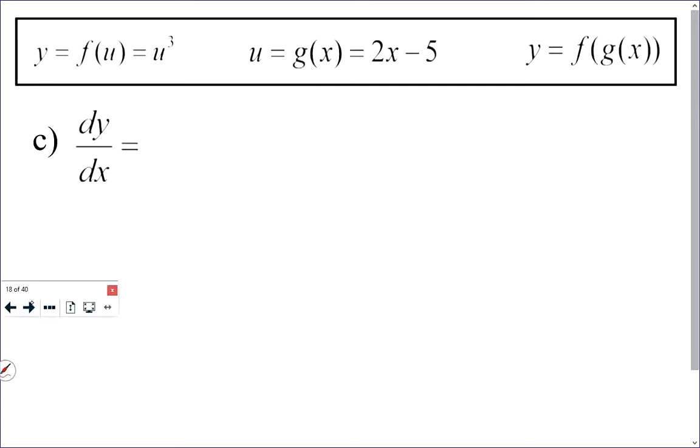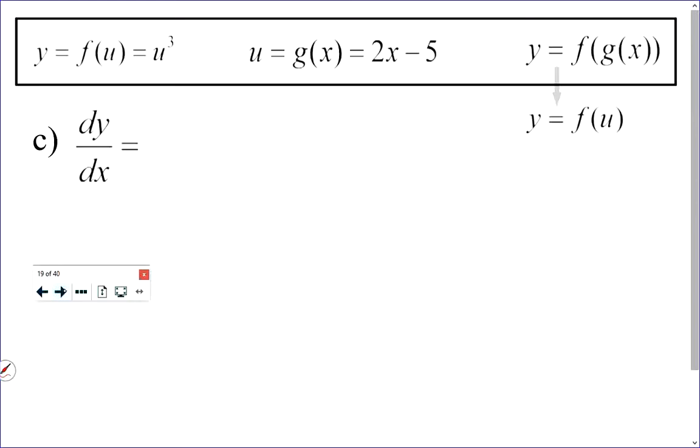Now the question becomes, what is dy dx? Well, just a second here. Dy dx is going to be the derivative of this, but g of x, this goes around in circles a lot, but g of x is f of u. Right? G of x is u, so f of g of x is f of u.